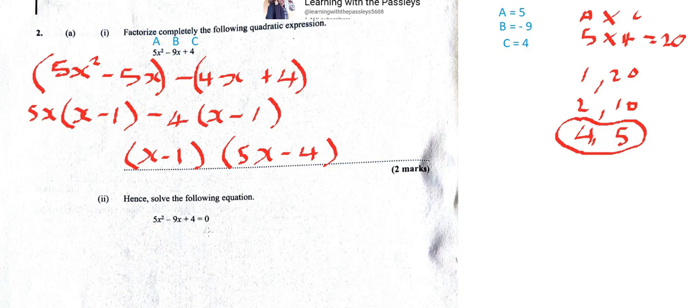If you look up here, in the first part they give us only the expression. But down here now, they give us the quadratic equation, right? But given that we already factorized the quadratic expression, we are going to use the result here to solve part 2 of this problem. Therefore, I am going to rewrite.